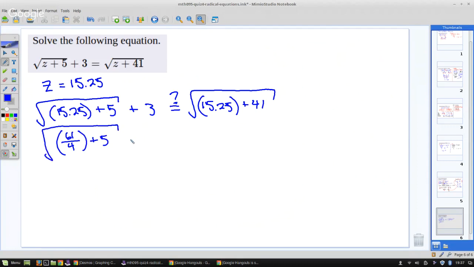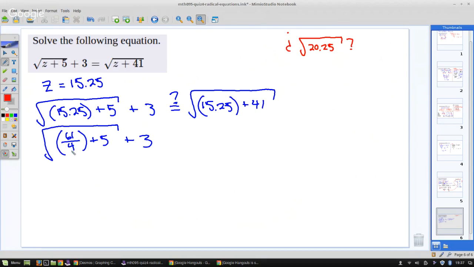Sometimes you go down the wrong tree. The reason I didn't like that is 15.25 plus 5 gives me 20.25, and without a calculator, I don't think I can do the square root of 20.25 in my head.